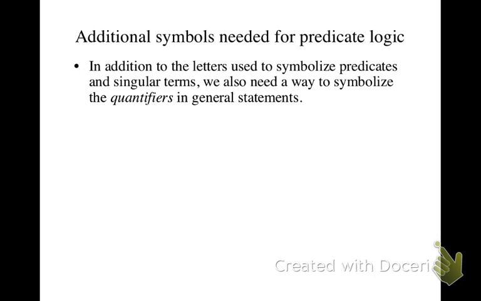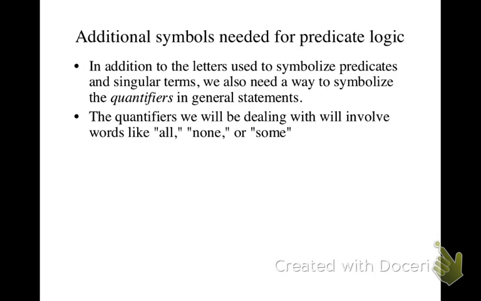Finally, we'll need a few new symbols for predicate logic. In addition to the letters used to symbolize predicates and singular terms, we also need a way to symbolize the quantifiers in general statements. The quantifiers we will be dealing with will involve words like all, none, or some.